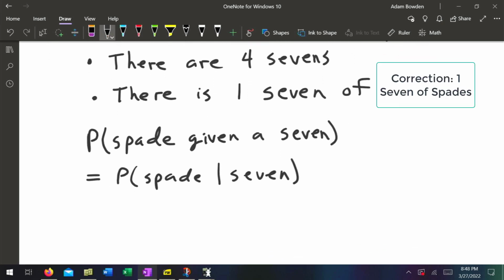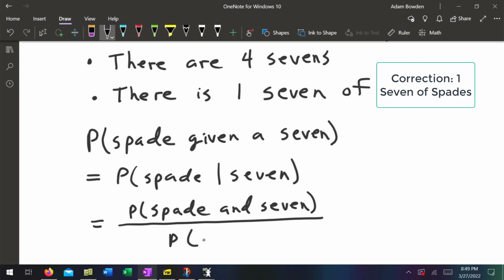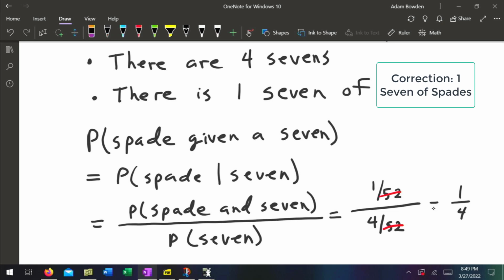And that's going to be equal to, by the new formula, the probability of a spade and a 7 divided by the probability of a 7, which is equal to 1 divided by 52, that's the probability of it being a spade and a 7, divided by 4 divided by 52, that's the probability of it being a 7. So if we reduce the numbers down into lowest terms, it would be 1/4.